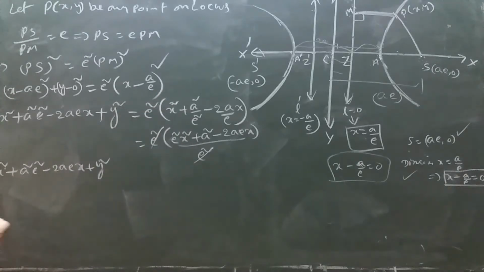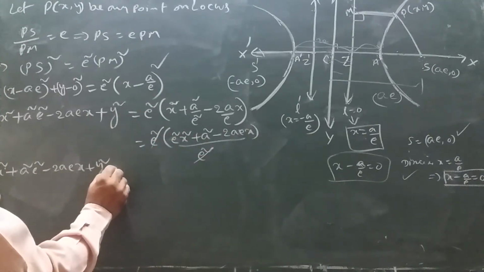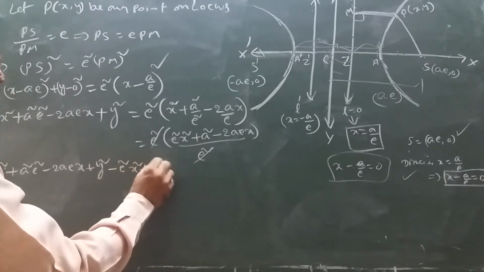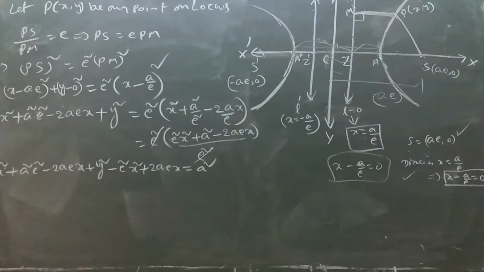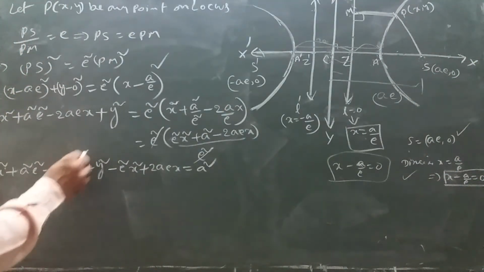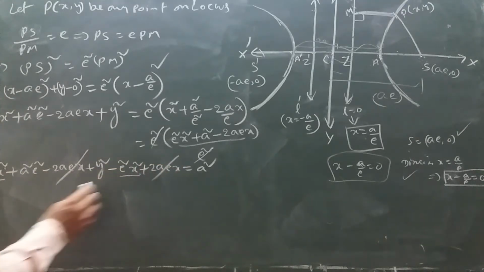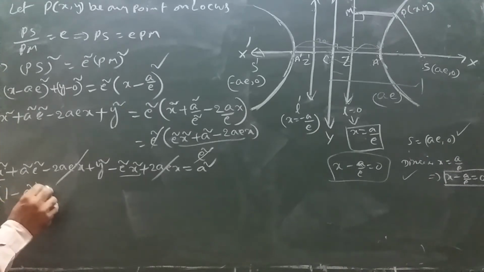If we bring those x terms into the right side, that means minus e square x square plus 2aex is equal to a square. Minus 2aex plus 2ax get cancelled. The remaining x square terms, these two, by taking x square as common, 1 minus e square into x square.